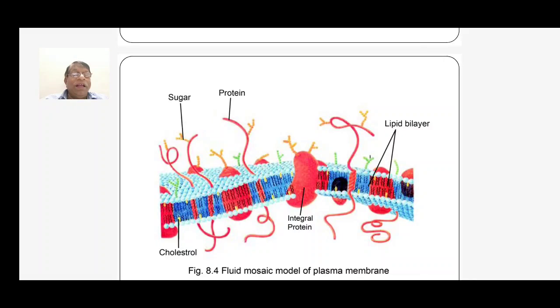That's why we call them bilayer lipids. Towards the outer side, there is the polar end. See, it has a slightly spherical shape. That is actually the polar end. Towards the inner side, you can see the non-polar end.